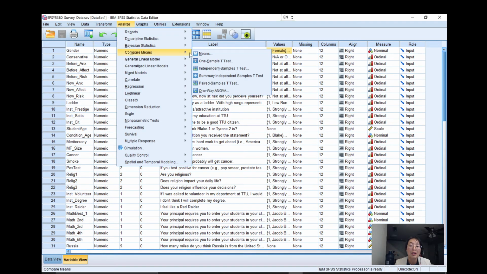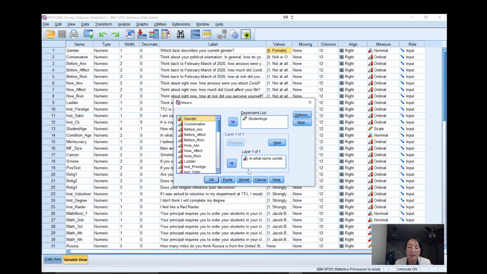For example, you can go to compare means and go to means here, and I'm just going to do reset, and let's take a look at one of these examples we can do. If you take a look at the survey, we have conditions.